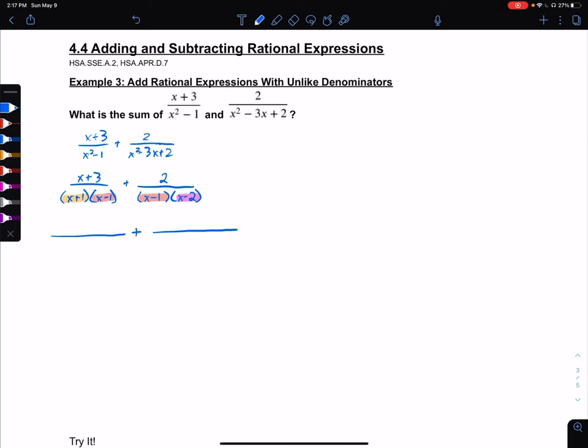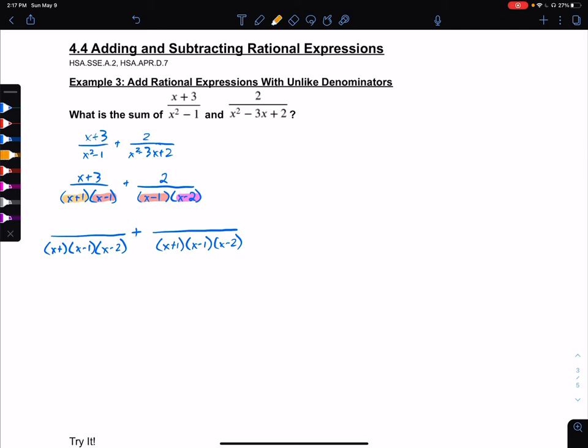I'm just going by colors here. What this tells me is that there are going to be three expressions or parts to my LCM, each of these ones that I've highlighted. So my LCM is going to be x plus 1, x minus 1, and x minus 2. And I'm going to rewrite that for both of the fractions.